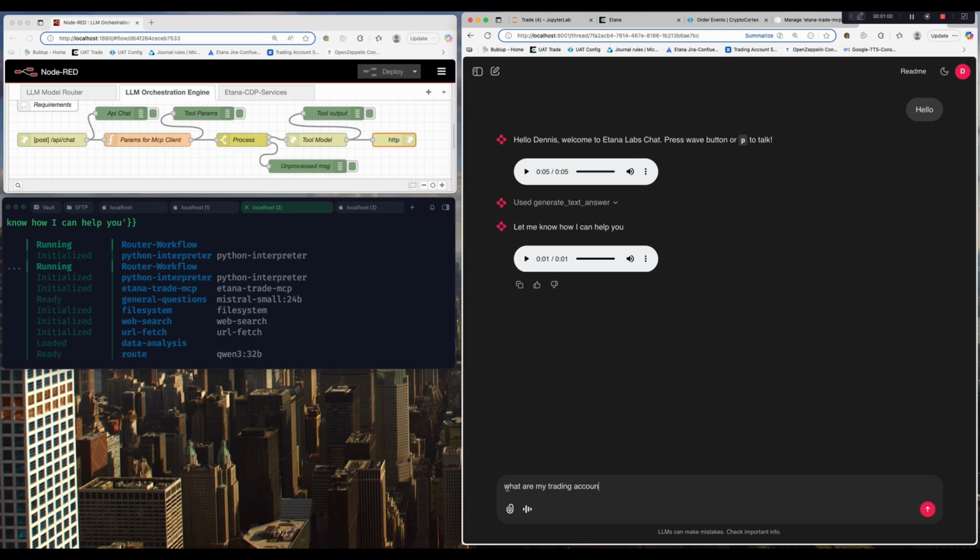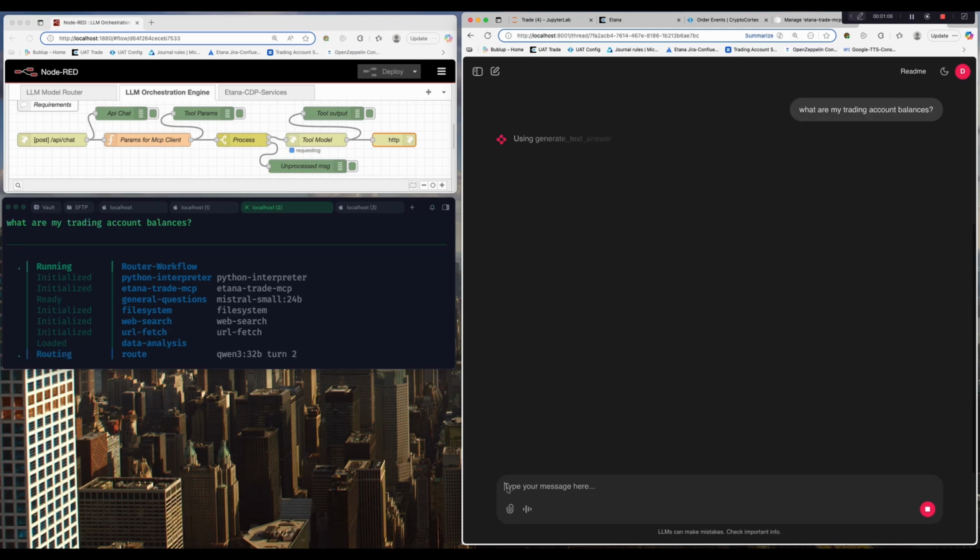So let's give the LLM the ability to figure out not only what agent in the network to call, and then what service to call and what parameters to feed. And if you look over to your left, you're going to see two windows. The top window is the LLM orchestration engine flow, so you can see what's going on.